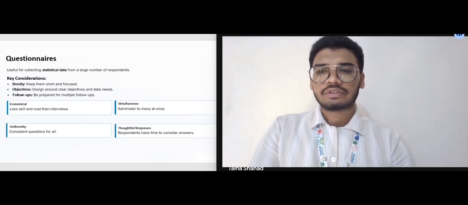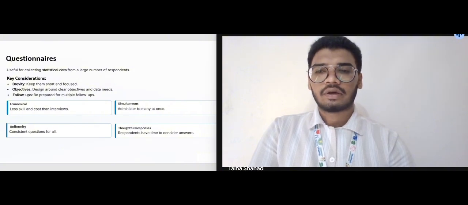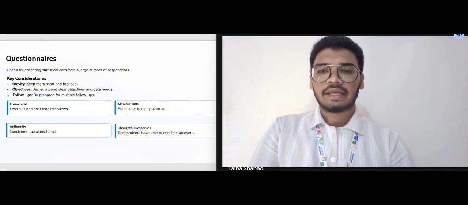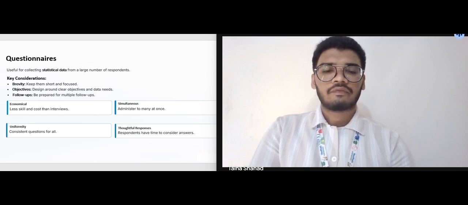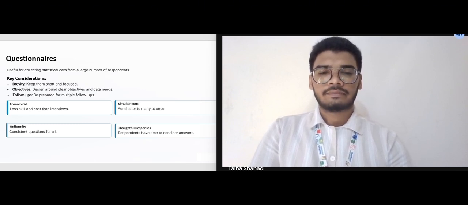Some key conditions are brevity, objectives, and follow-ups. Brevity: keep them short and focused. And the objective is designed around clear objectives and data needed. And the last one is follow-ups: be prepared for multiple follow-ups.